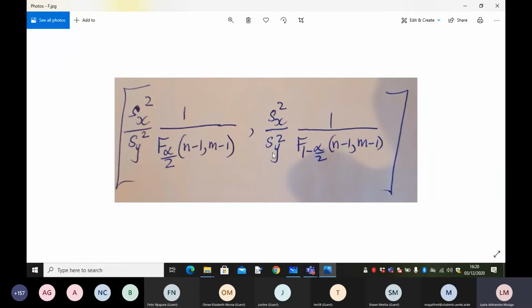And then the right confidence interval value will be given by S_x squared over S_y squared, times 1 over F 1 minus alpha over 2 with degrees of freedom n minus 1 and m minus 1.